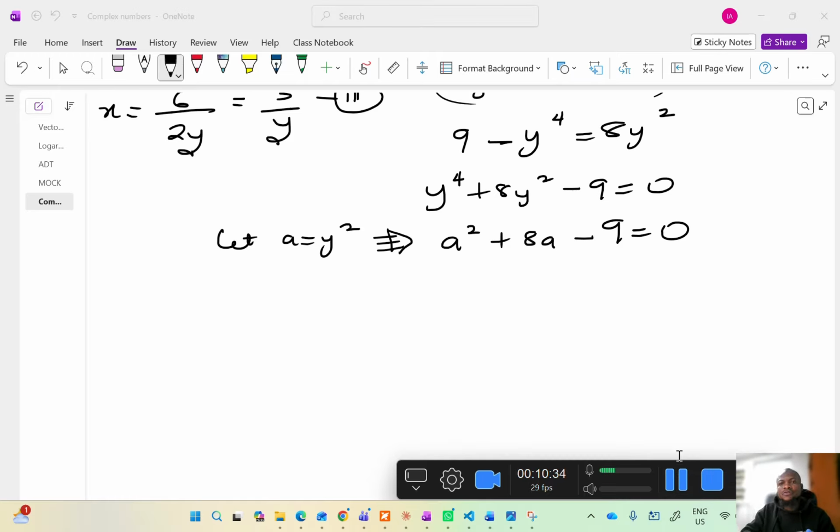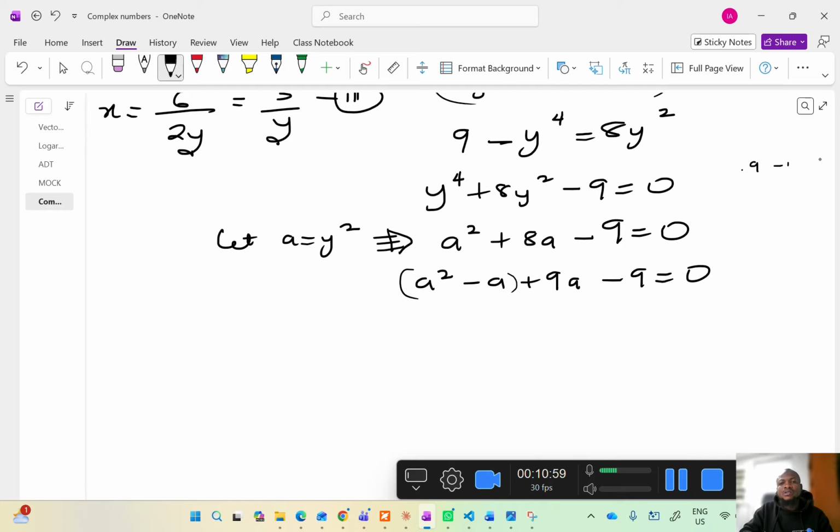So the factors of minus 9 are 9 and minus 1, and that gives 8. This becomes a squared minus a plus 9a minus 9 is equal to 0, because minus a plus 9a is 8a.